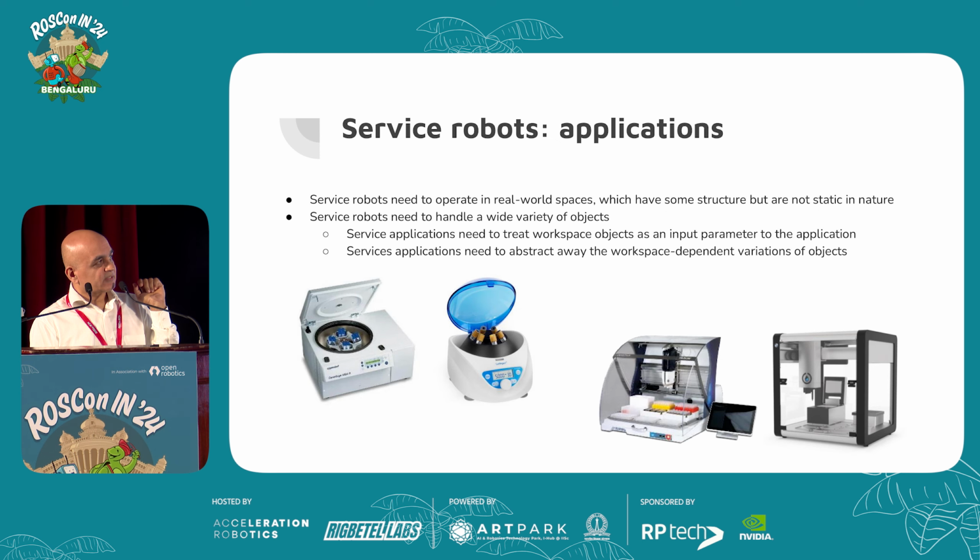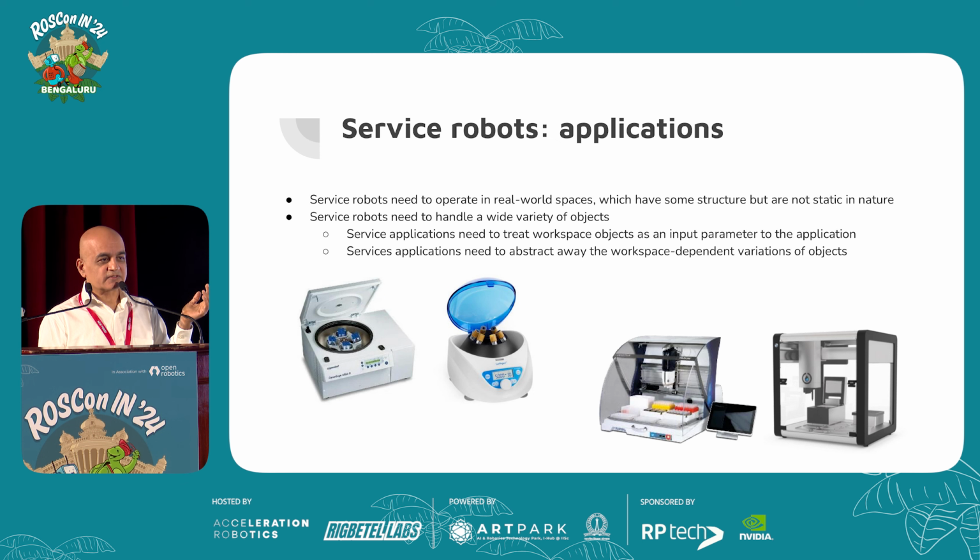Look at another example. Let's say a simple instrument like a centrifuge. There are many different manufacturers of centrifuges which have slightly different layouts and configurations. The way you insert the test tube, the way you press the button, the layouts of the buttons are different. So the application developer has to think about how to abstract away some of these details so that they can work across different instruments.